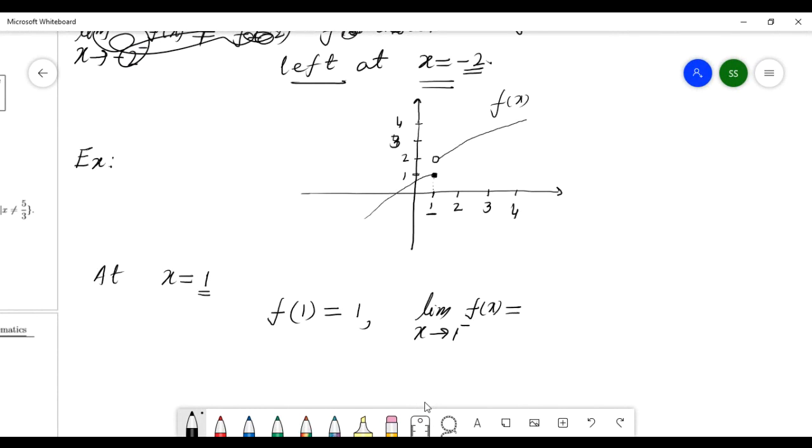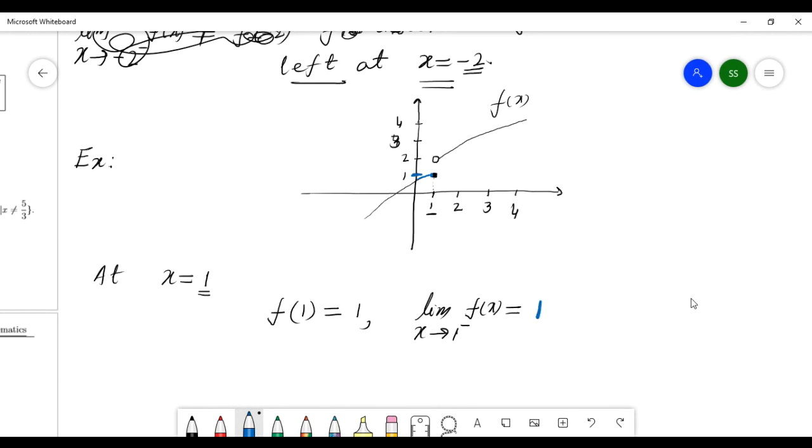From the left, x goes to 1 from the left. See this. So when x is close to 1 from the left, the graph is close to here. This means this, 1. So this is equal to 1.